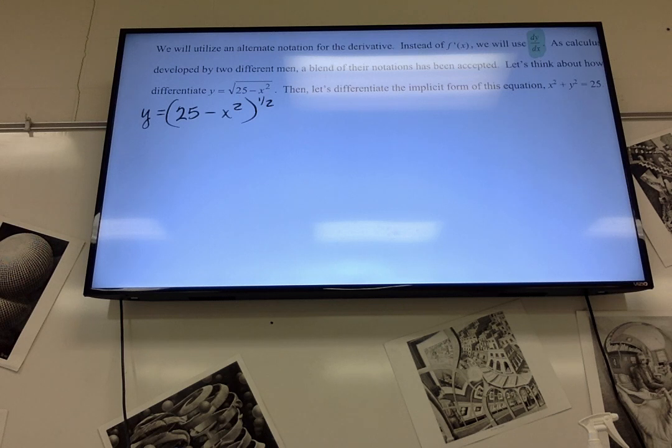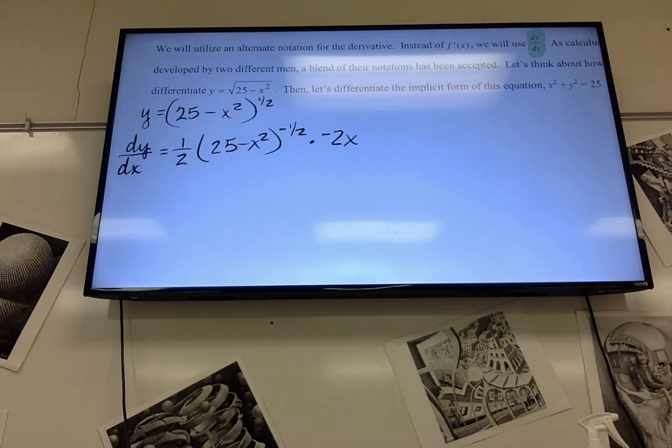Now, just to get used to the other notation, we're going to say dy dx, which just means a derivative. Then you do 1/2 times 25 minus x squared to the negative 1/2. Then you take the derivative of the 25 minus x squared. Remember the chain rule: negative 2x.